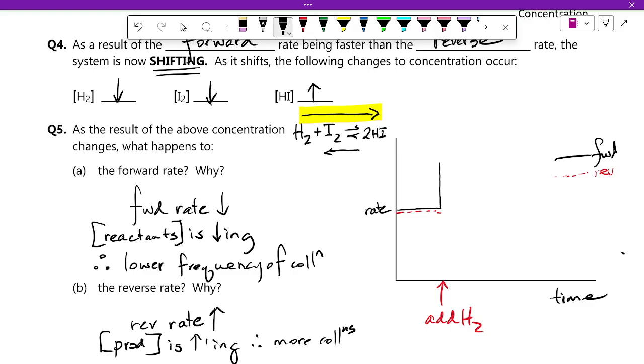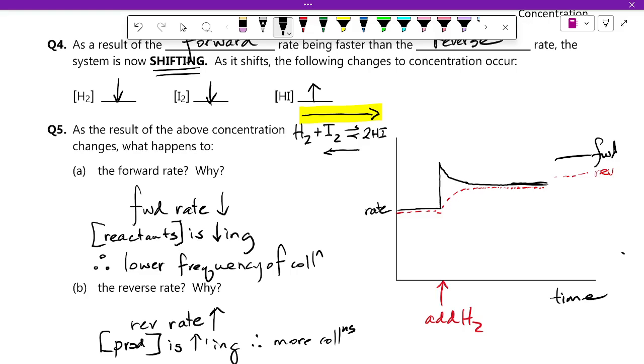And remember, it doesn't go. Okay, there we go. So that is the rate diagram for what happened there.